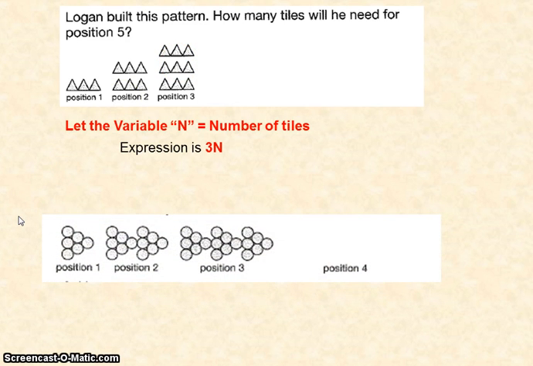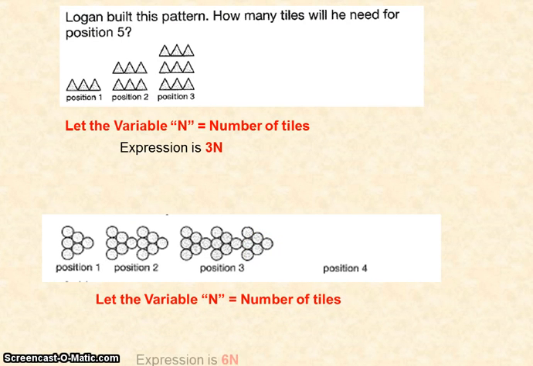Okay, let's look at another quick example here. In position 1 here, I have 1, 2, 3, 4, 5. Okay, 5 tiles. In position 2, I see I double that again. I've got another 5. In position 3, it increases by 5 again. Sorry, there's not 5 tiles, there's 6 tiles.